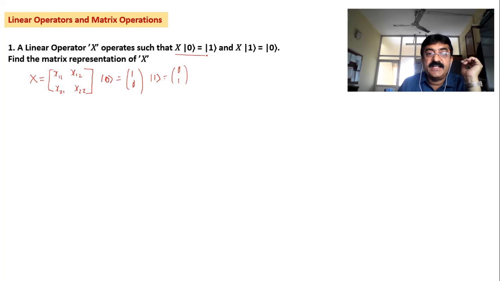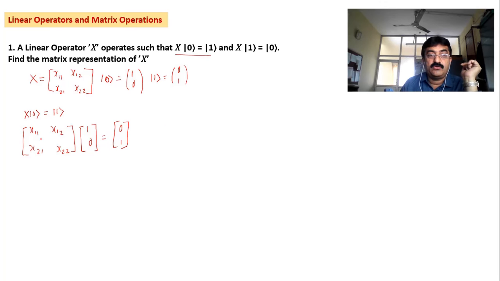First I take this condition, that is X ket 0 is equal to ket 1. Substitute. For X I substitute x11, x12, x21, x22. Of course it is a 2 by 2 matrix into ket 0 is 1 0, so that is equal to ket 1 is equal to 0 1. I hope you know how to multiply this and how to simplify this.